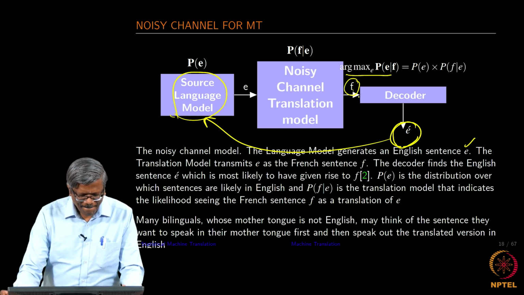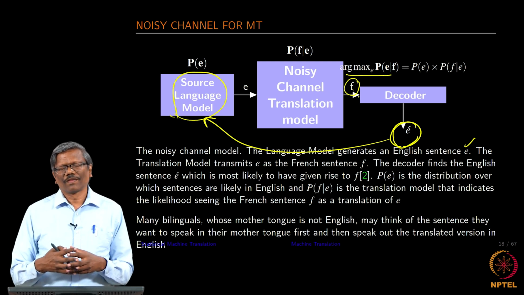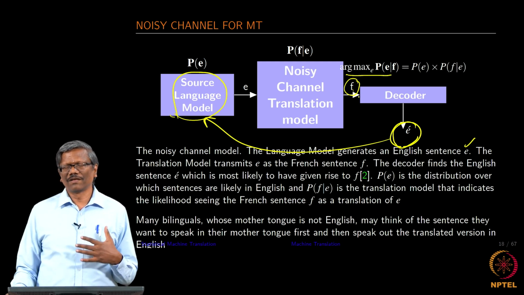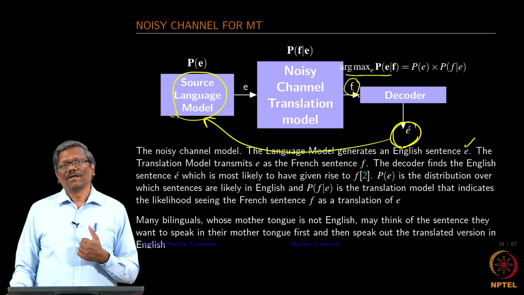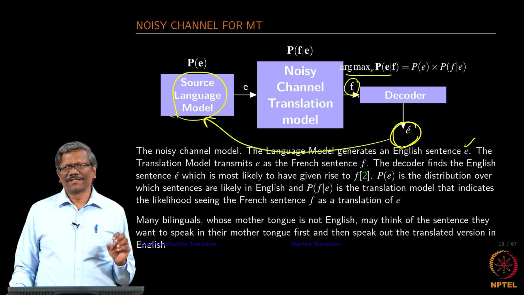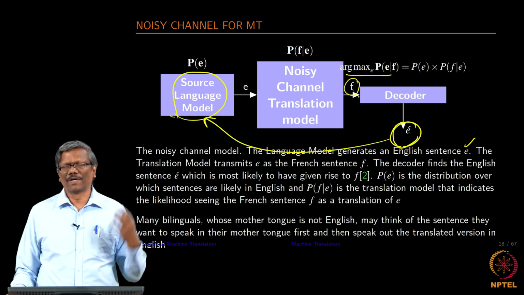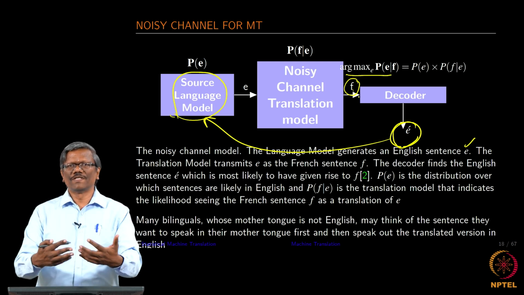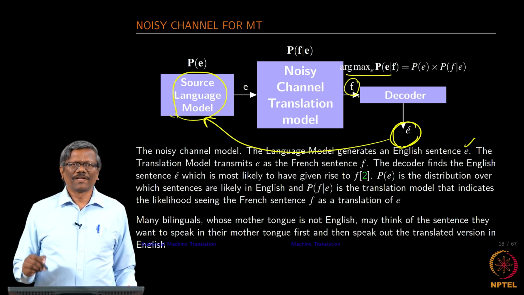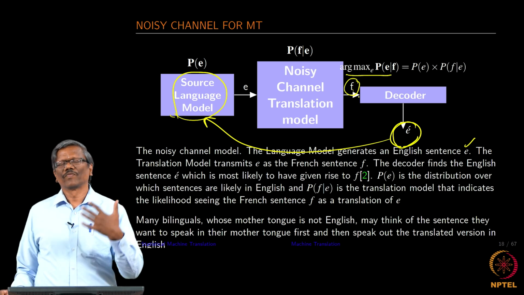If you are bilingual, you understand this extremely well. As a bilingual, when you start to speak English and your mother tongue is not English, you form your sentences using certain words in your native language in your mind, and then output the English sentence. What the decoder really wants is what you really had in your mind that output the English sentence.